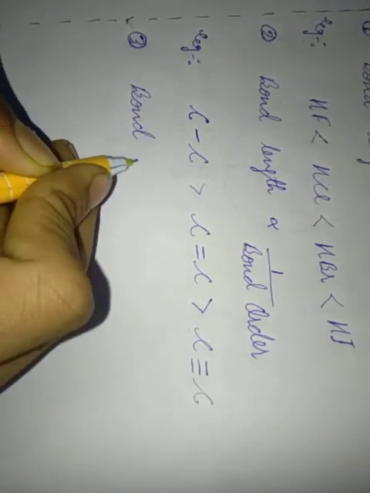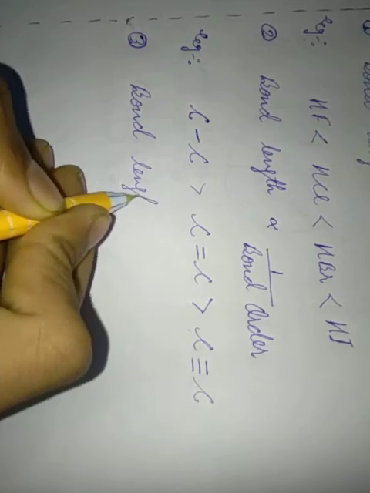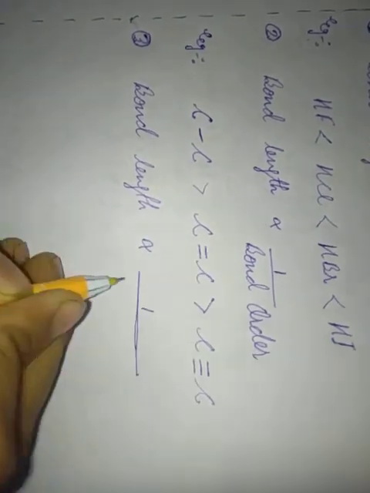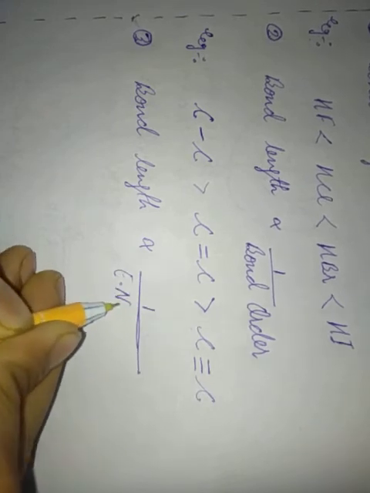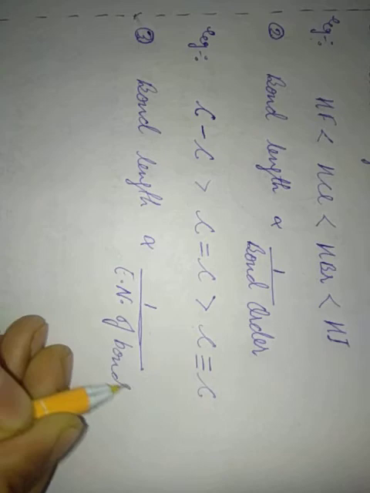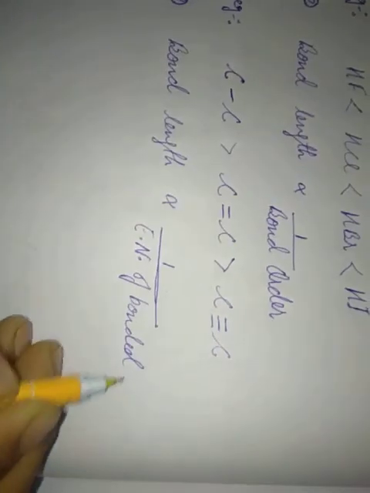If both of the above cases fail, then the third case is that bond length is inversely proportional to the electronegativity of the bonded atom.